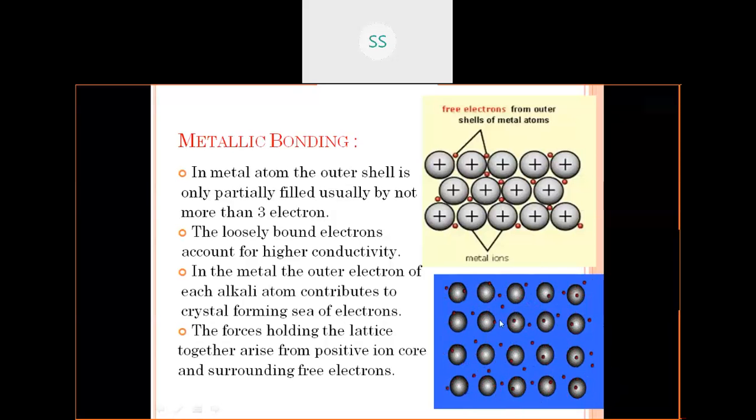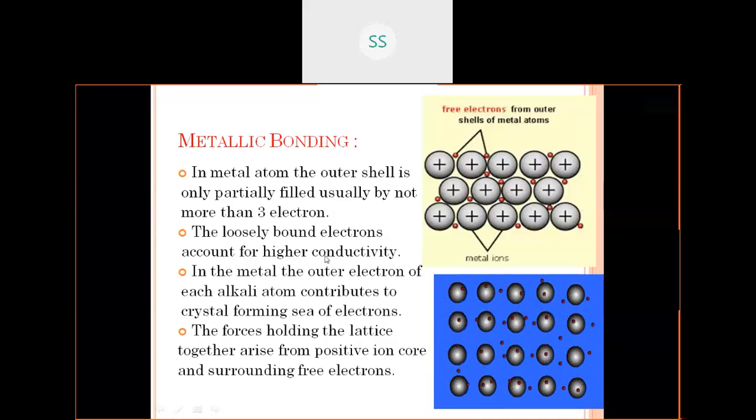Whatever we find here, the red dots, they are all the free electrons, and the forces holding the lattice together arise from the positive ion cores and the surrounding free electrons. These are the important points that we have to write in the case of metallic bonding.